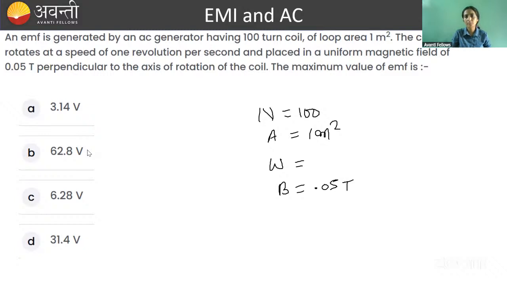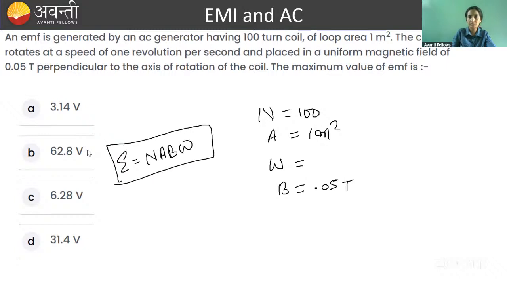Value of maximum EMF getting generated, right? Just now I have told you. What was the formula? EMF is NAB omega, maximum EMF. As a function of time, it was sin omega t. Are you not able to write omega? What is happening? Tell me what the problem is.